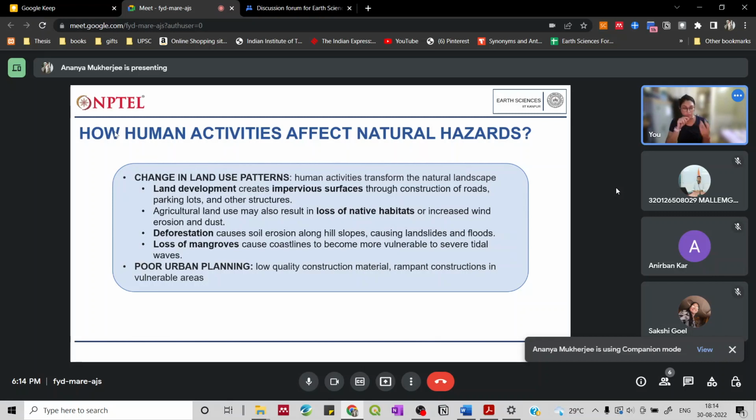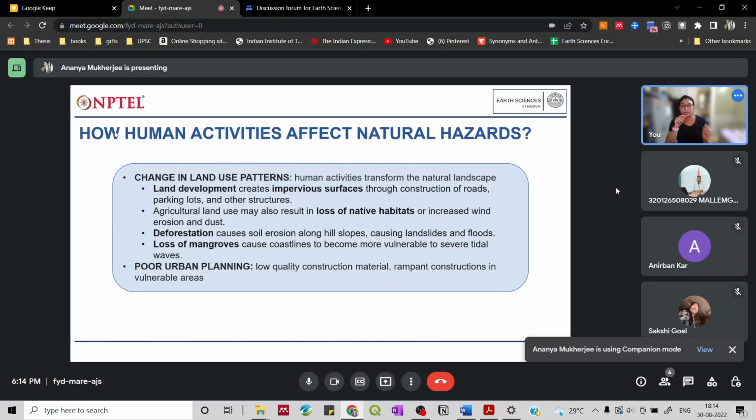Then deforestation, obviously, causes soil erosion, which in turn causes landslides and floods. Then you have agricultural land use also. It depletes the native habitats, and it will increase erosion as well.